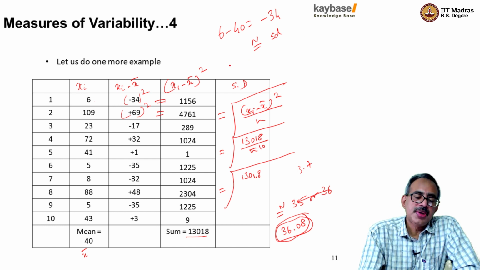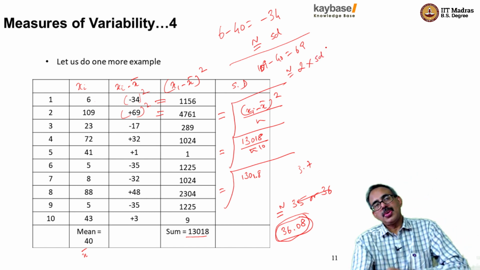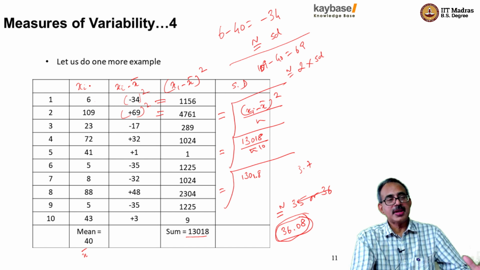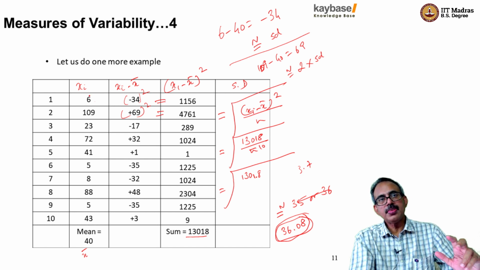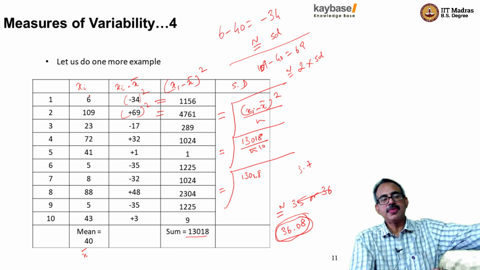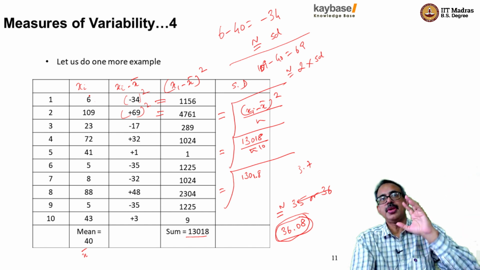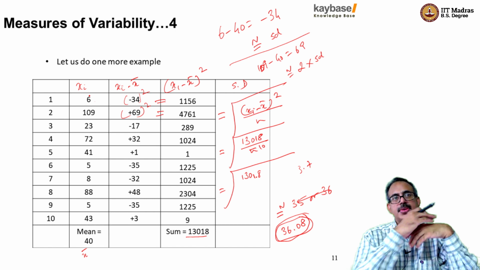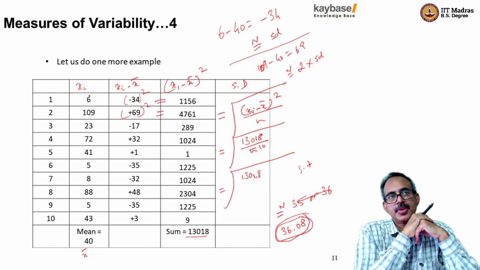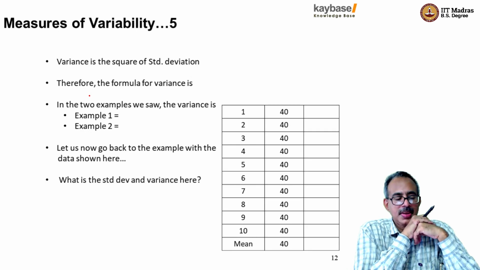Whereas you take 109, 109 minus 40 is 69, which is approximately equal to 2 times the standard deviation. So you can express any data, any xi, in terms of being 2 times the standard deviation away from the mean, or 1 time away, or 3 times away. That's one of the applications of this.